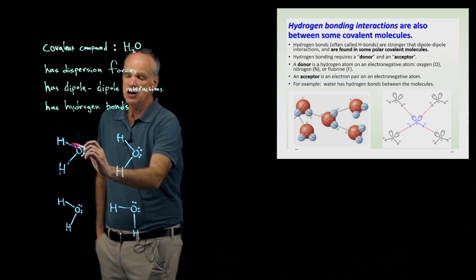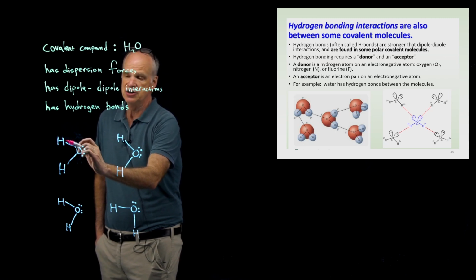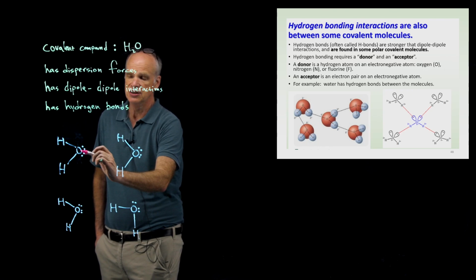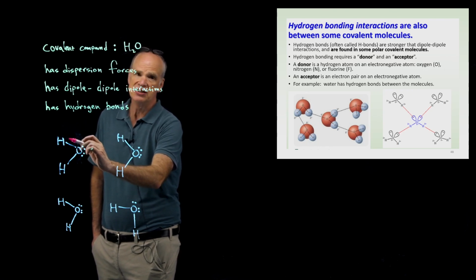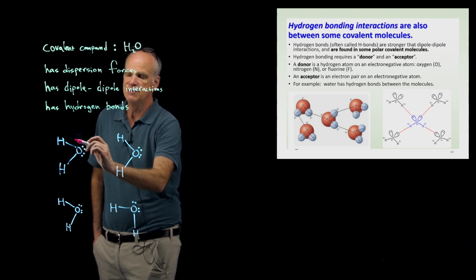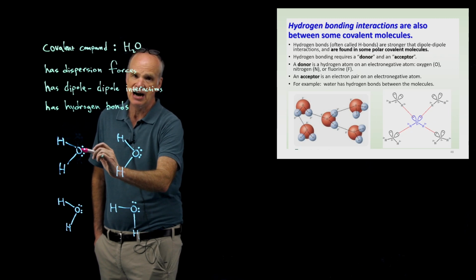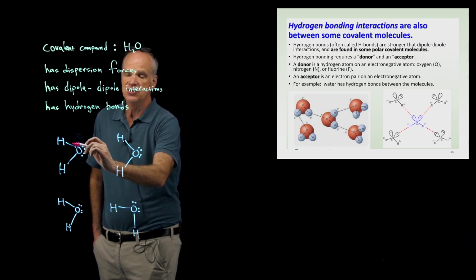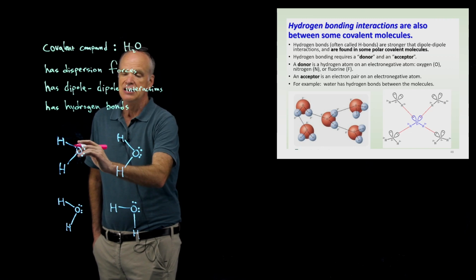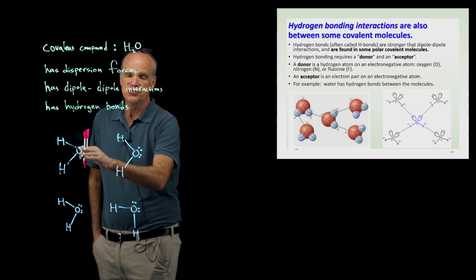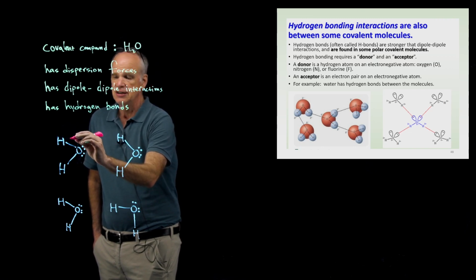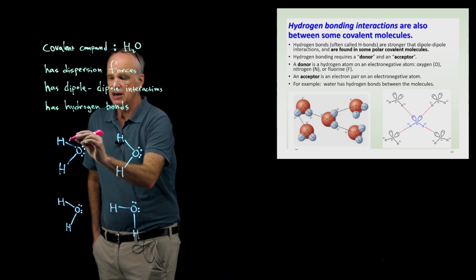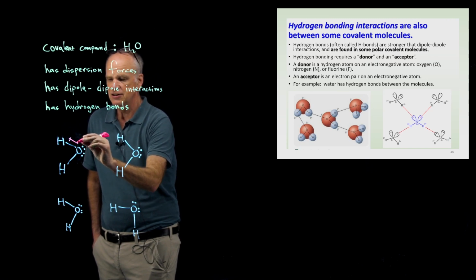The shared pair is probably going to be spending less time around hydrogen and more time around oxygen. The reason is hydrogen has a lesser electronegativity of 2.1 and oxygen has a higher electronegativity of 3.5. So the way we indicate that this bond is polar, and that the shared pair of electrons are spending a little more time around the oxygen, is we use a dipole moment arrow, which I'm drawing in red here.